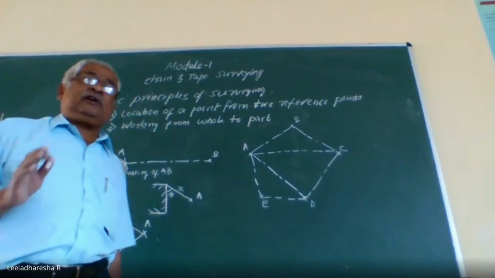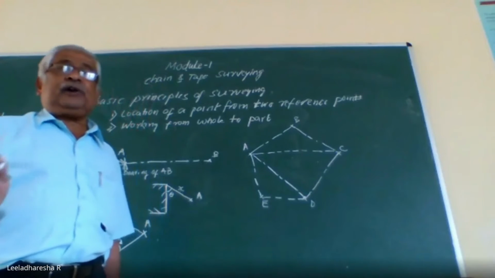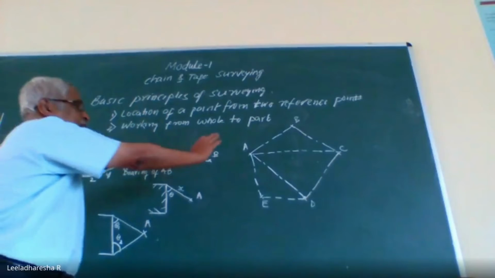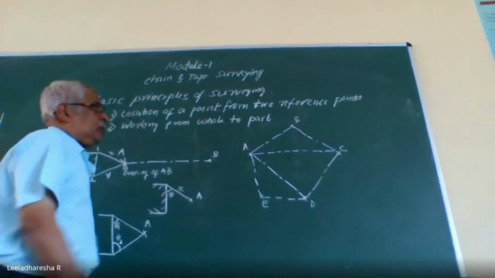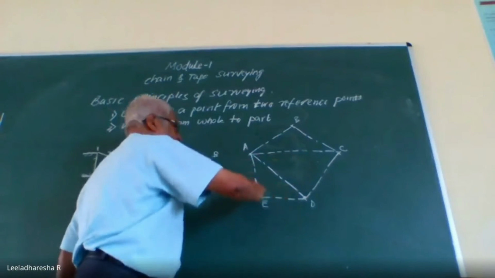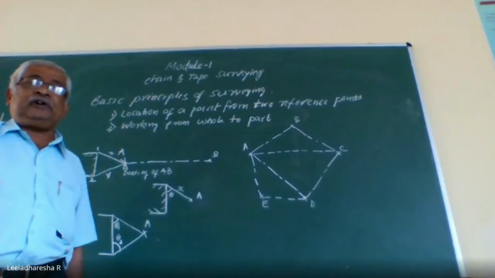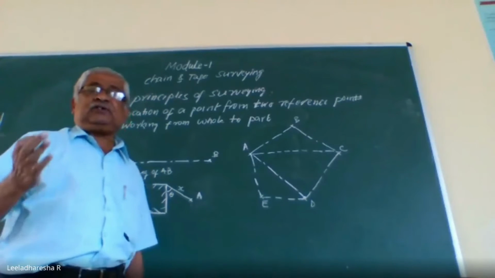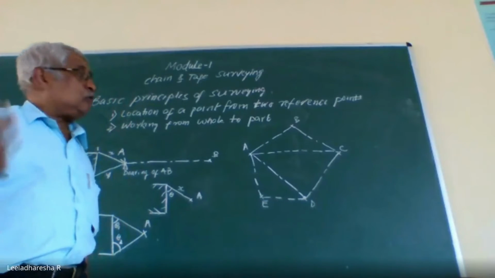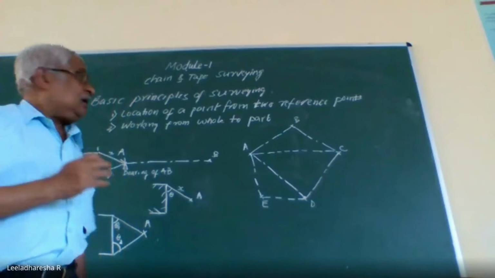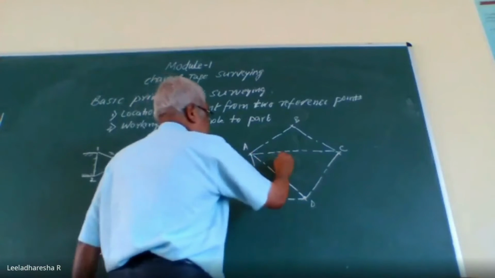So this particular procedure, what we adopt in surveying, is called as working from whole to point. So as you want to establish all the entire main station points, select subsidiary station points and move your chain line or tape line, and you can locate the various data.